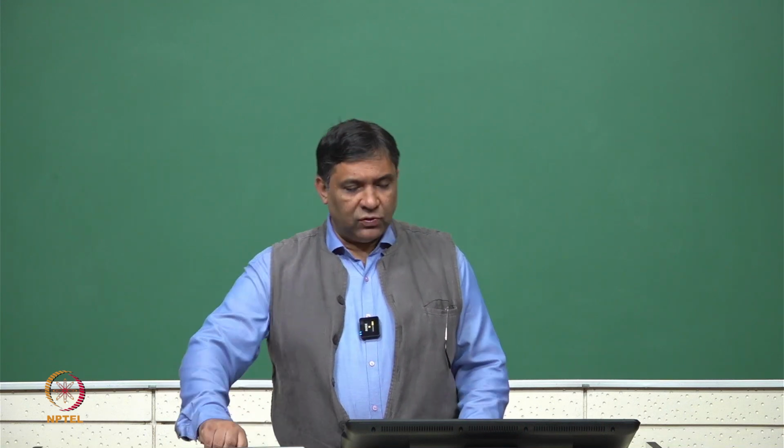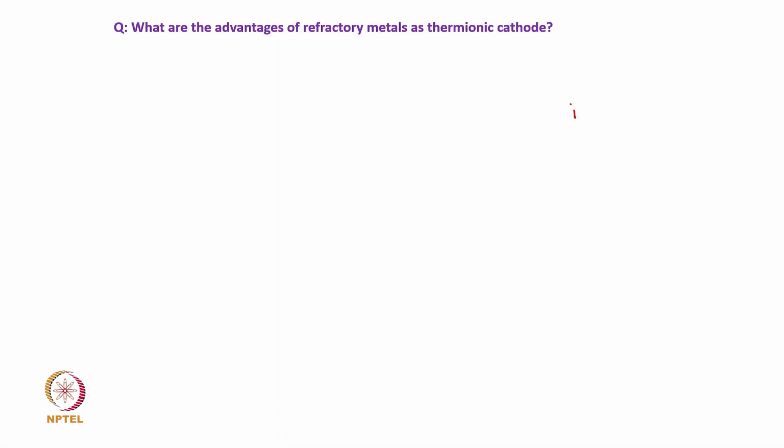All right. So, the first characteristic of a refractory metal is high melting point. Okay. And the work function is, of course, for refractory metal not very low like some other materials like hexaboride, whose work function is low.